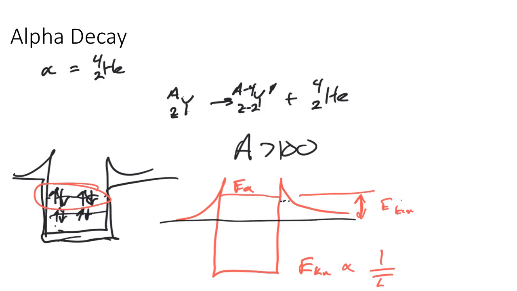As the lifetime goes down, meaning that you have less to tunnel through because it happens faster, then the kinetic energy is higher. And if the kinetic energy is lower, because you're here, you have a lot more to tunnel through, and then you come out with much less kinetic energy. So there's a relation between the kinetic energy of alpha particles in alpha decay and the lifetime of the nucleus that produces them.